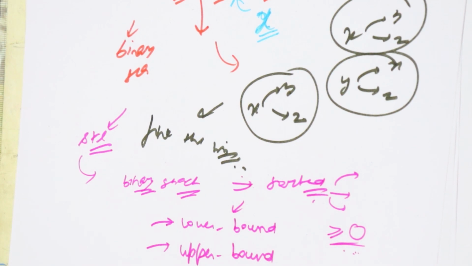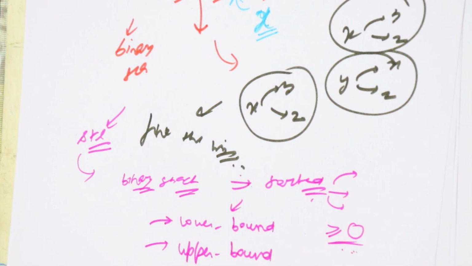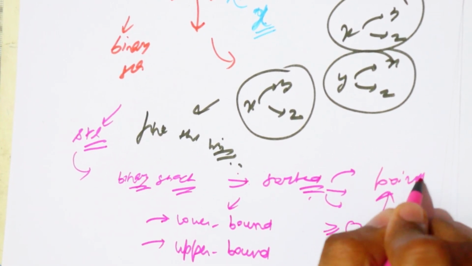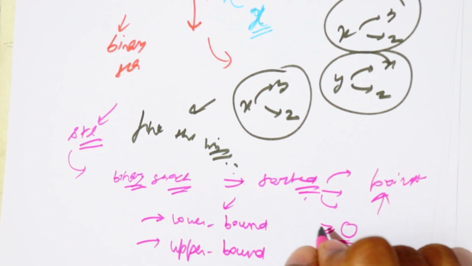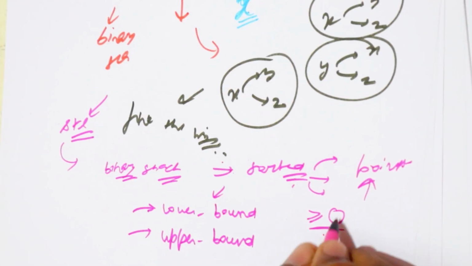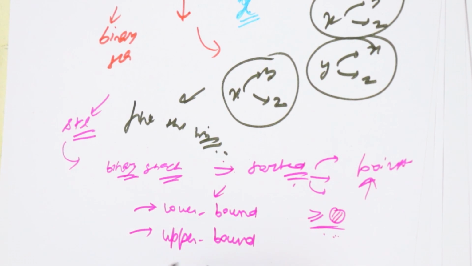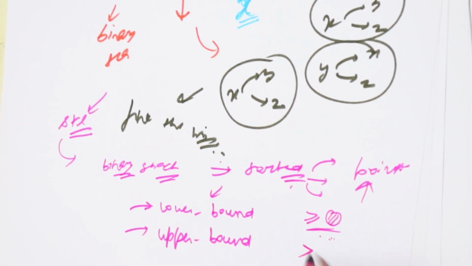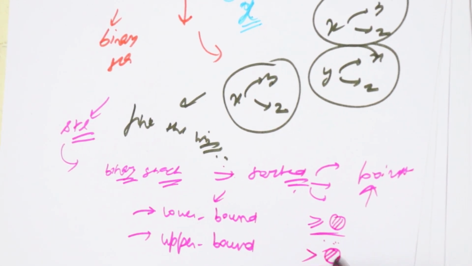Do you understand the word iterator? I am using iterator because it does not give the value, it points to an element. Lower bound points to an element which is equal to or greater than the required element, but the upper bound gives the element which is strictly greater than the required element.